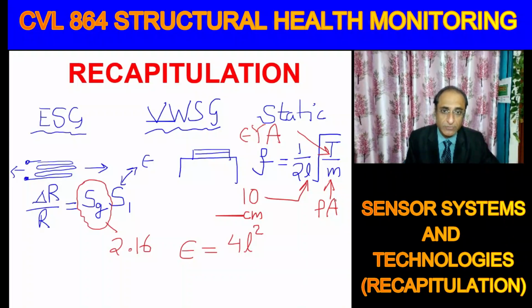A is cancelling out, and then rho will also come in the numerator, and A has already cancelled out, so the Young's modulus comes in the denominator. Any other thing we have missed out? Yes, then this has to be multiplied by f square. Is this correct? Please cross verify that we have derived the correct formula.